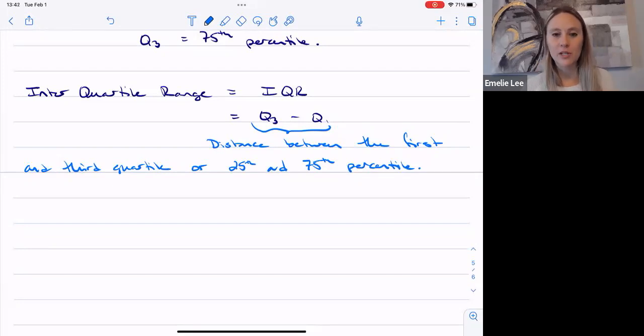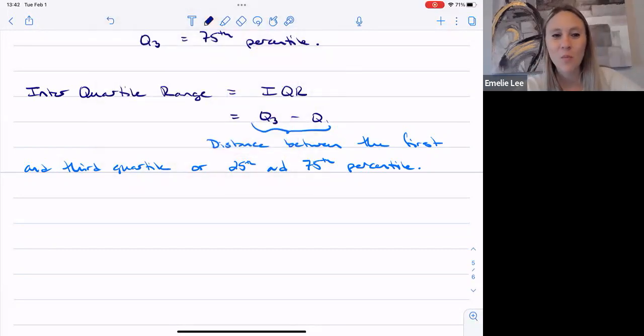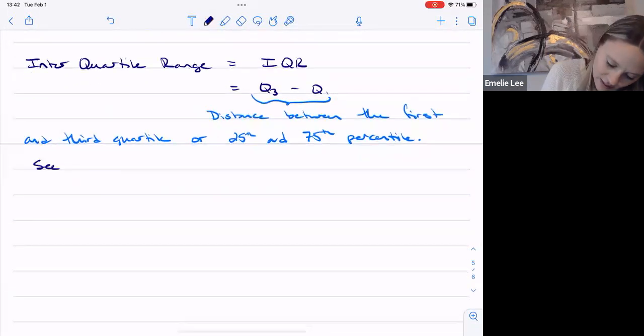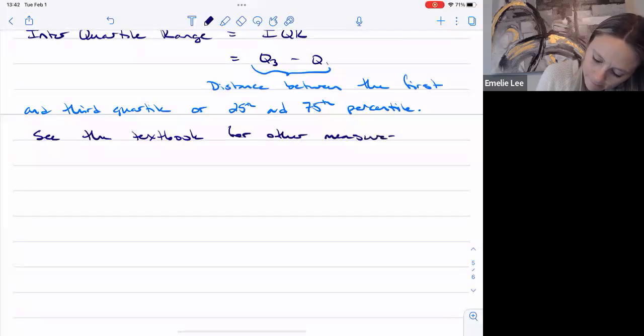There are more measures of variability in the textbook, right? So see the textbook, and I'm going to do that more and more, point you in the direction of the textbook, because there are more, but we can't talk about all of them. Right, and so see the textbook for other measures of variability.